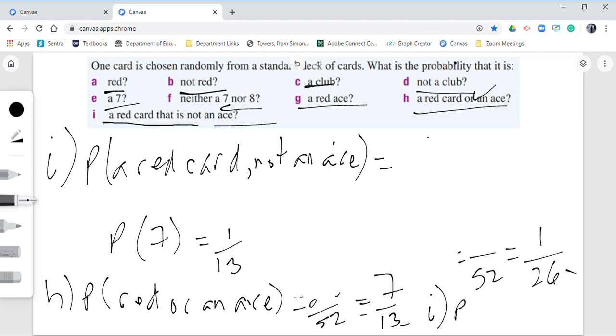For that one, I've already forgotten since we're racing, it was 24 out of 52, which is also equivalent to 6 out of 13. So I hope that makes sense. I believe you divide 24 by 4 and you divide 52 by 4, that's how you get to these, if you're wondering.